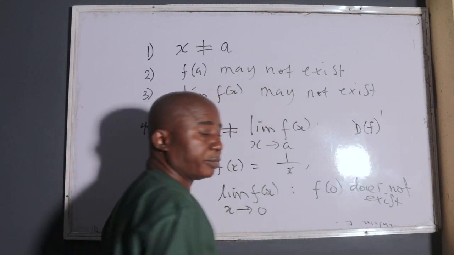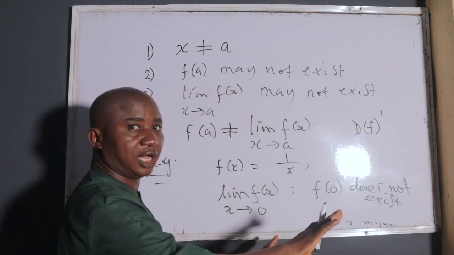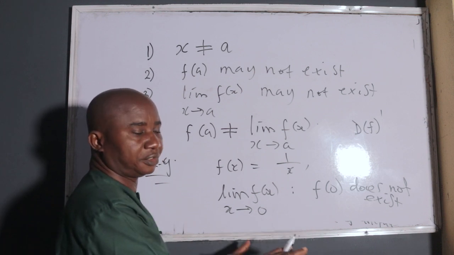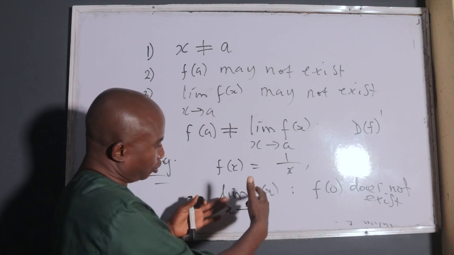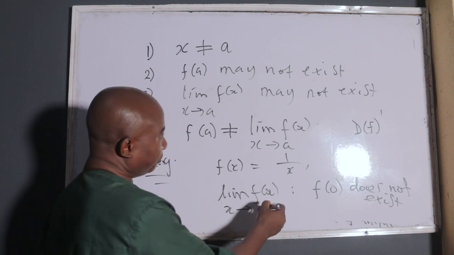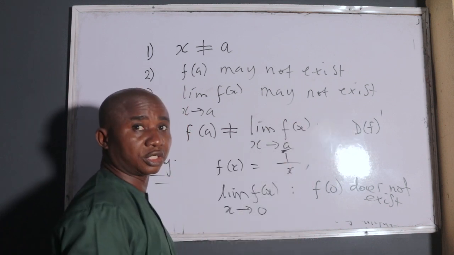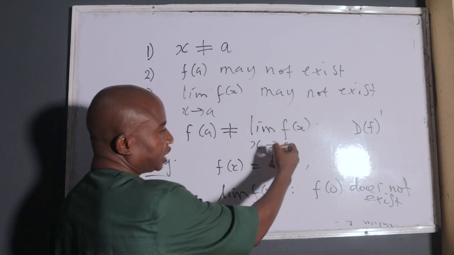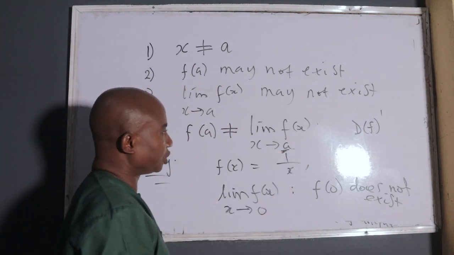So if it is a member of the derived set, then we are good to go. But don't bother about that now. This is first year, and I know my audience, so they are still coming up. So we just keep it at the fact that the point a is not necessarily an element of the domain of your function before you can compute the limit as x approaches a. So that's what you take from this discussion. Okay.